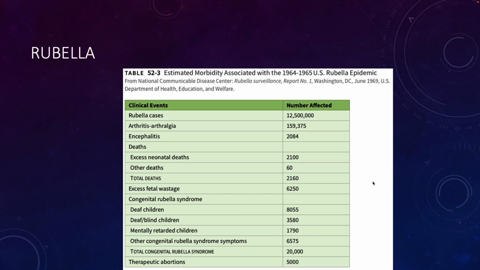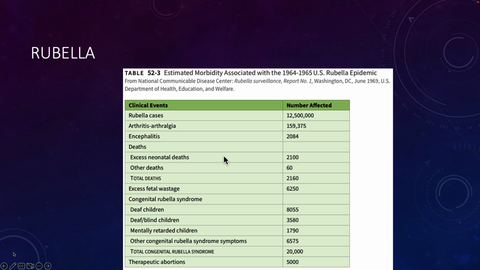So this is some data from the mid-1960s when there was a major outbreak of rubella in the US. You can see there were 12.5 million people who got rubella. Just over 10% developed some arthritis or joint pain. A couple thousand individuals developed encephalitis.